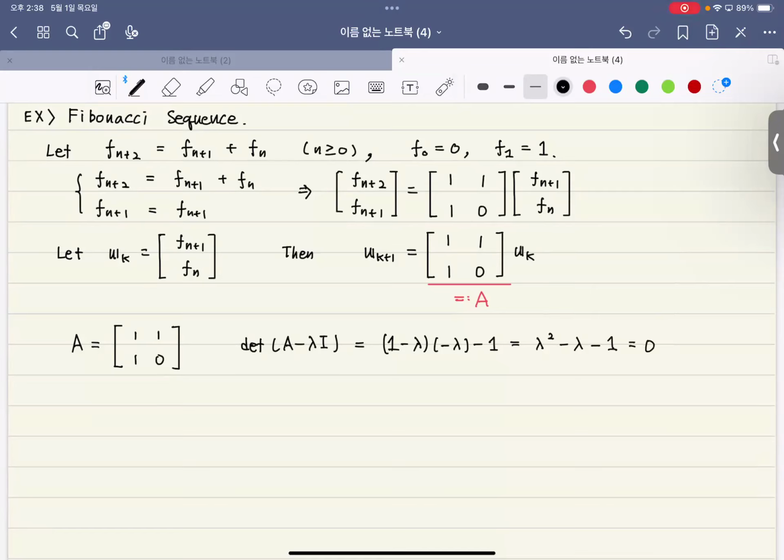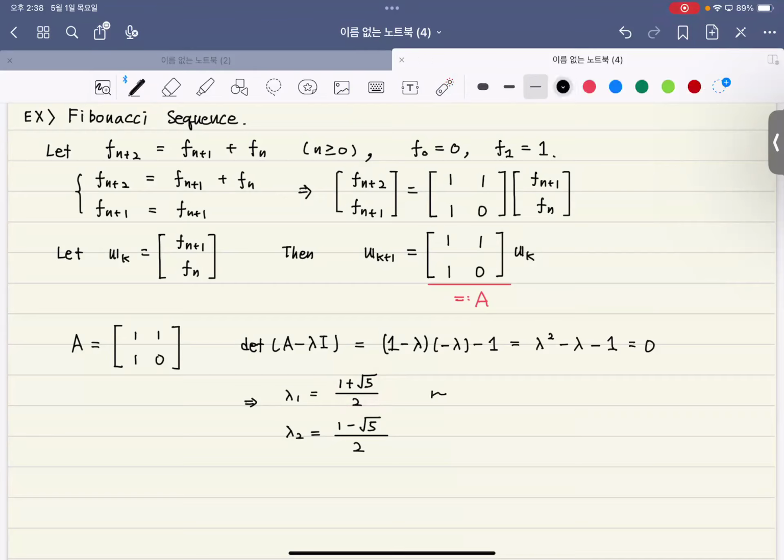Then the solutions are lambda 1 equals 1 plus square root of 5, all divided by 2, and the other one, which I will call lambda 2, equals 1 minus square root of 5, divided by 2. Sometimes we say this is the golden ratio.